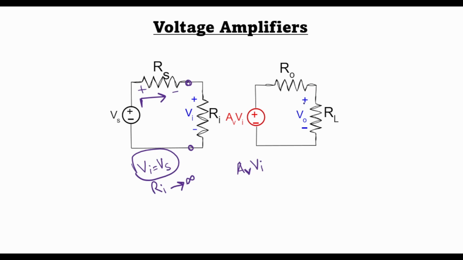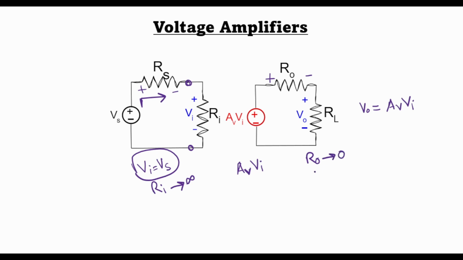At the output side, we want the drop V0 across the load resistance to be equal to AV times VI. Therefore, we don't want any drop across the output impedance, and this we can achieve if the output impedance approaches 0.